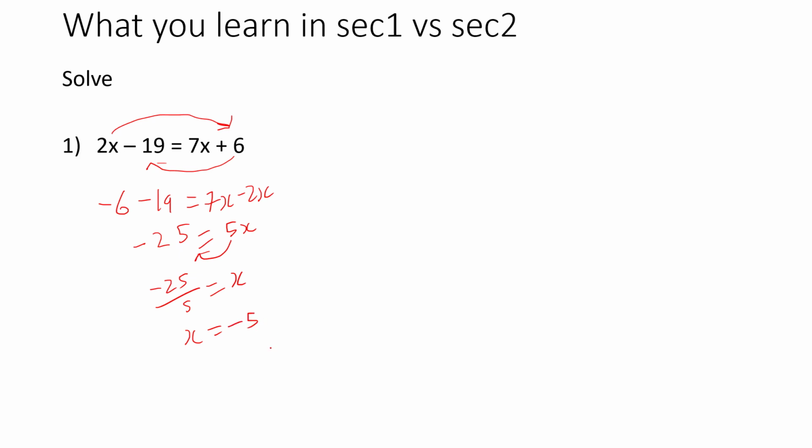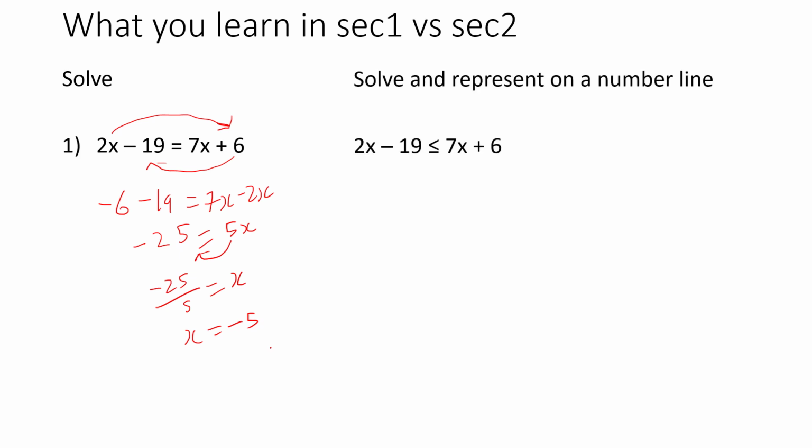How about inequality in Sec 2? They will ask us to solve and represent on a number line, and actually the steps are identical. And if you remember, my key is to move the smaller x value over to the other side. In this case, it is 2x, so I will move 2x over, while positive 6 can come over.